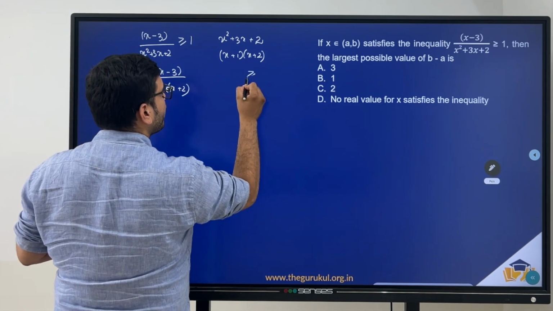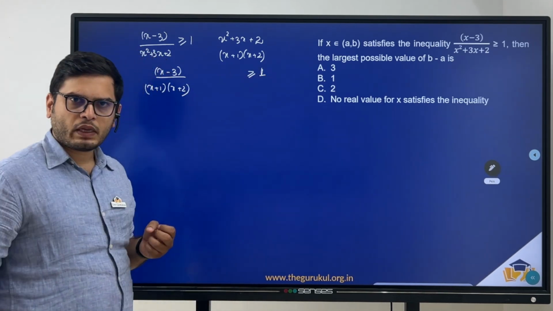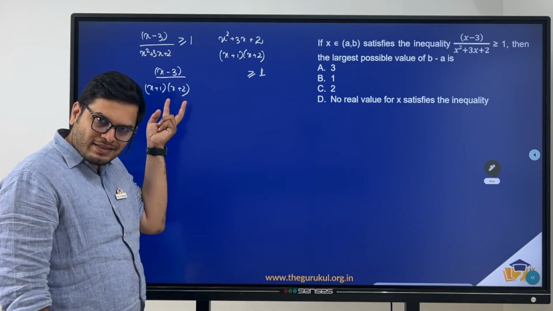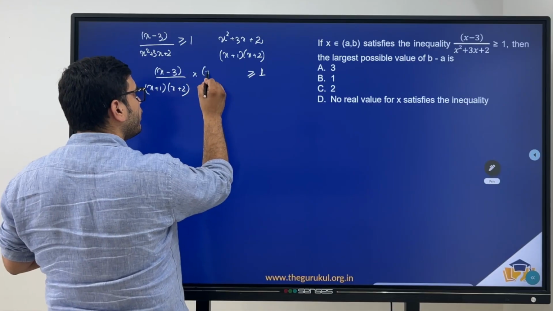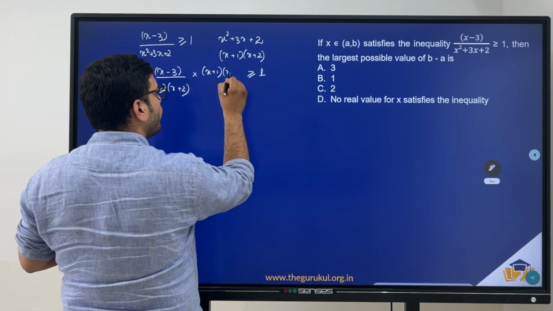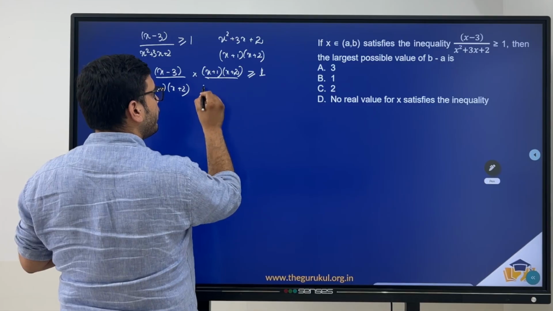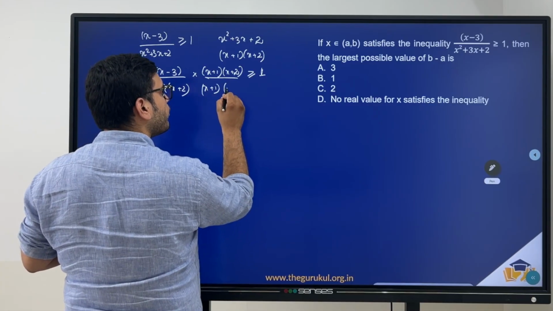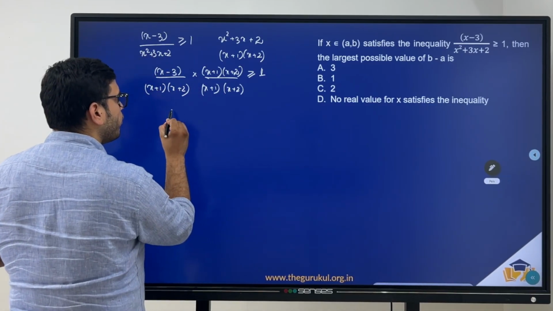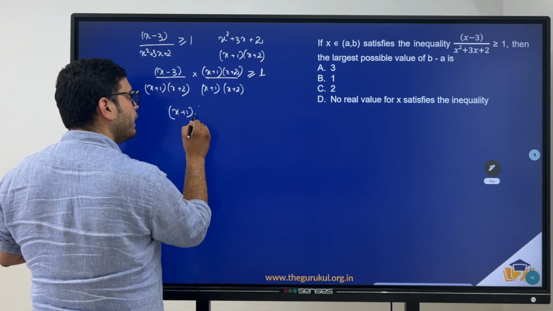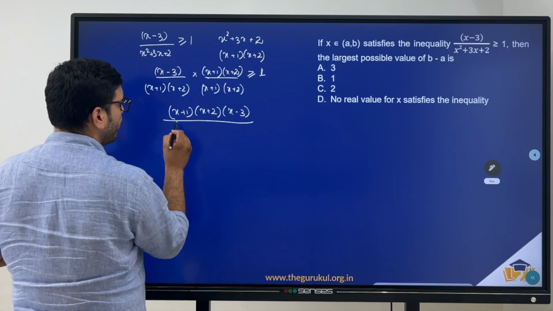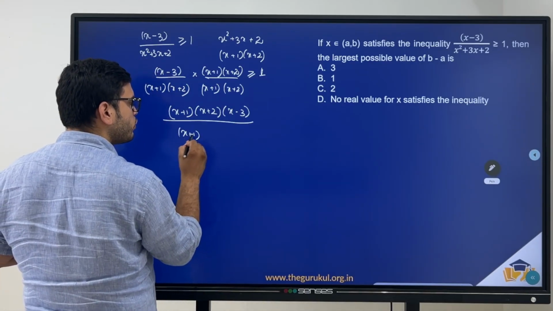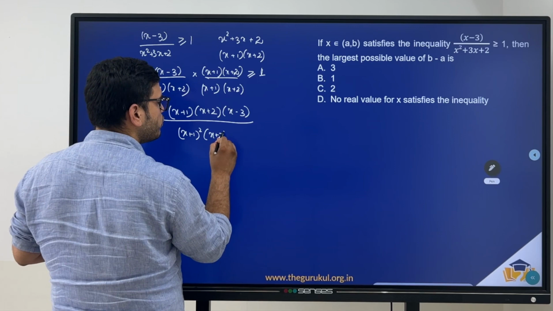Now this should be greater than 1. To ensure that the denominator is positive, I'll multiply both numerator and denominator with (x plus 1) and (x plus 2). So what do we have now? (x plus 1) into (x plus 2) into (x minus 3) by (x plus 1) whole square, (x plus 2) whole square.